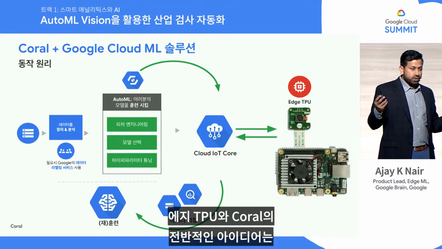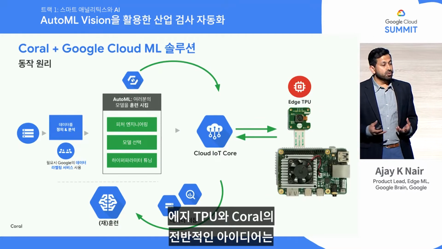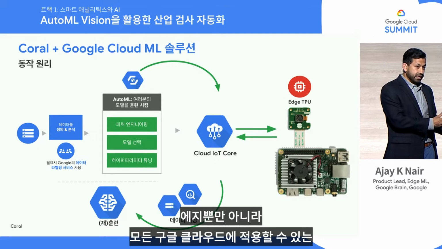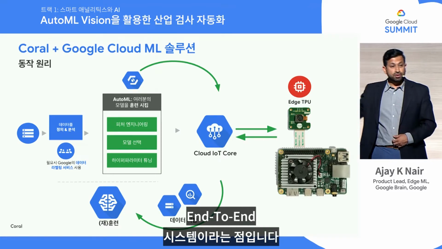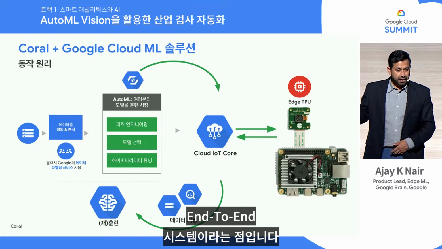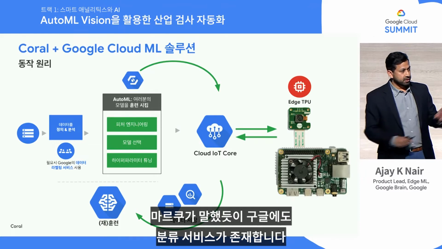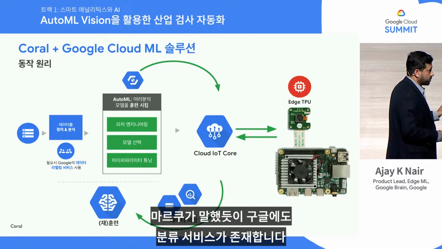The whole idea with the edge TPU and the Coral product family is to enable an end-to-end ecosystem, not just for inferencing at the edge, which you can do, but to connect to the rest of the Google ecosystem. So what I'm showing here is if you need labeling service, as Markku mentioned earlier, there is labeling service that Google provides.